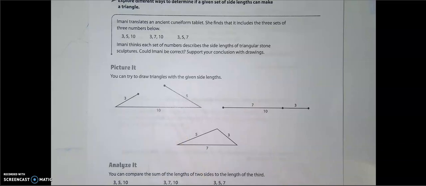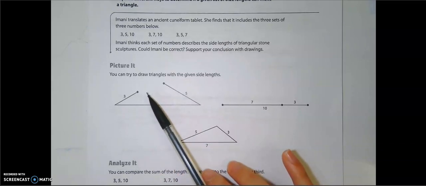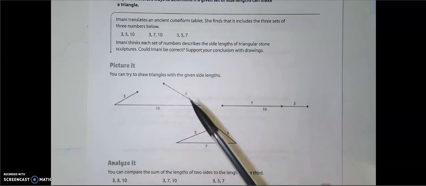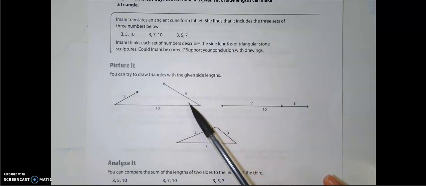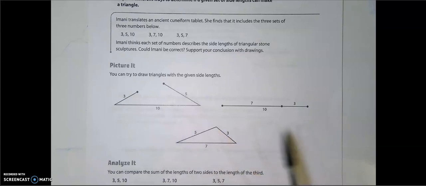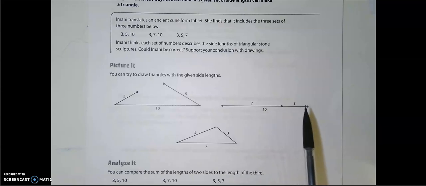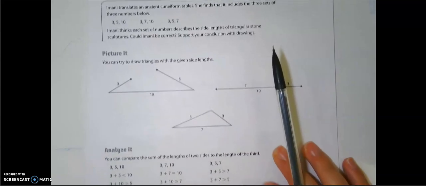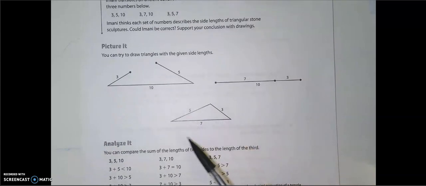Now this one could look slightly different depending on if you were trying to put your 3 and your 5 together before you put them with the 10. But either way, we got pictures like this. Our 3 and our 5 aren't close enough together to even connect. Our 7 and 3 make exactly 10, so for them to connect, it's going to be directly on that line that is 10. And then 3, 5, and 7 was the one triangle we were able to create.